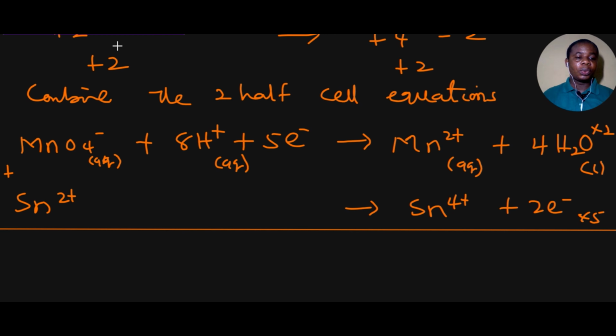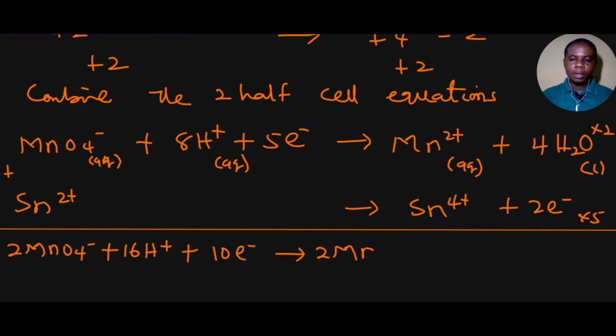When I multiply this by 2, this becomes 2MnO4- plus 16 hydrogen ion plus 10 electrons to give 2 Mn2+ ion and 8 water molecule. This is liquid, this is aqueous, this is aqueous, this is also aqueous.